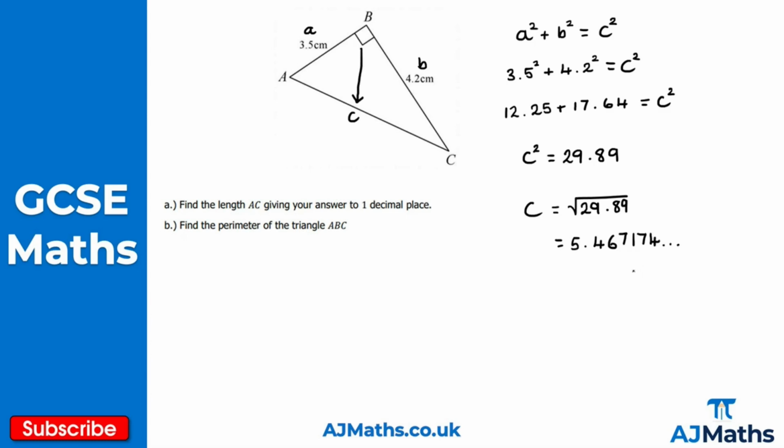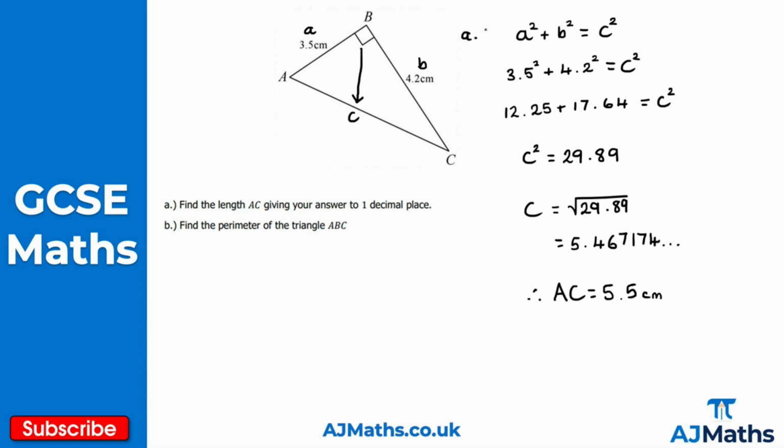We want this answer to one decimal place, so make sure you round correctly. The length of AC will be 5.5. These two lengths are in centimeters, so this will also be in centimeters. So the length of AC to one decimal place is 5.5 centimeters.